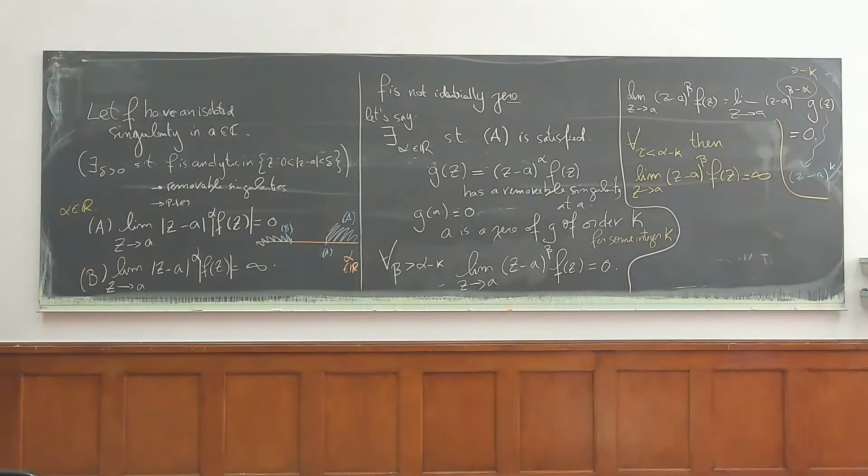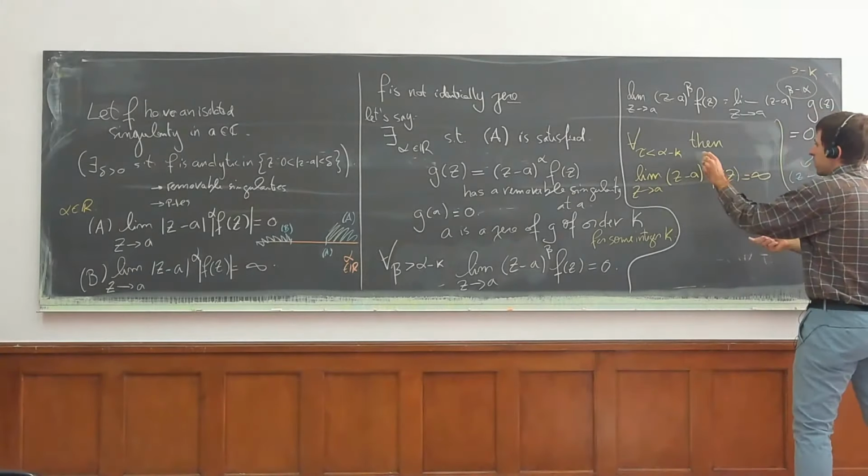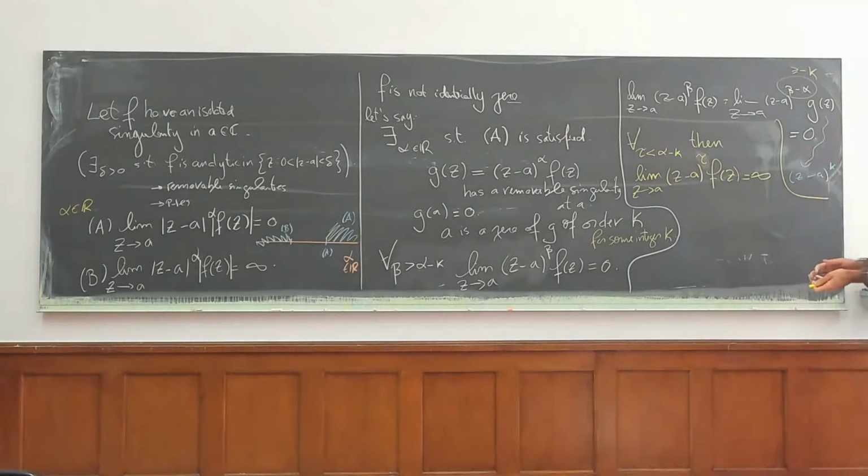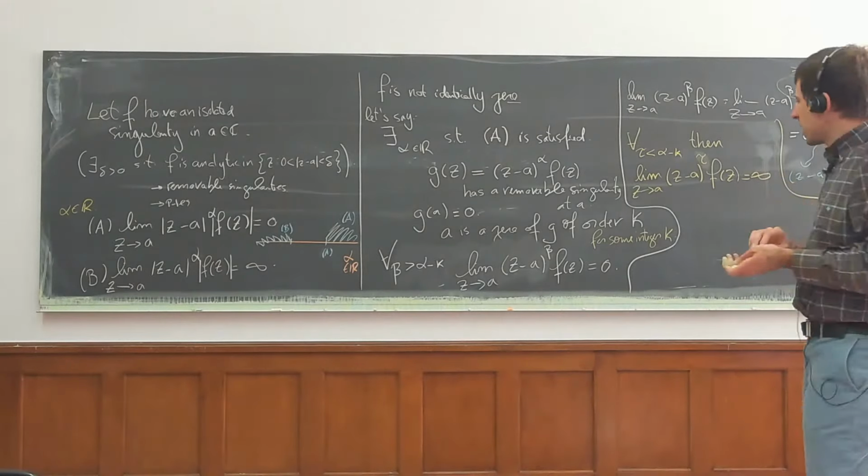Exactly for the same reason. This limit is equal to the limit of z minus a to the tau minus alpha, and now if the thing I'm multiplying by is smaller than minus k, which is what I'm asking, then since this has a 0 of order k, I must get something going to infinity.